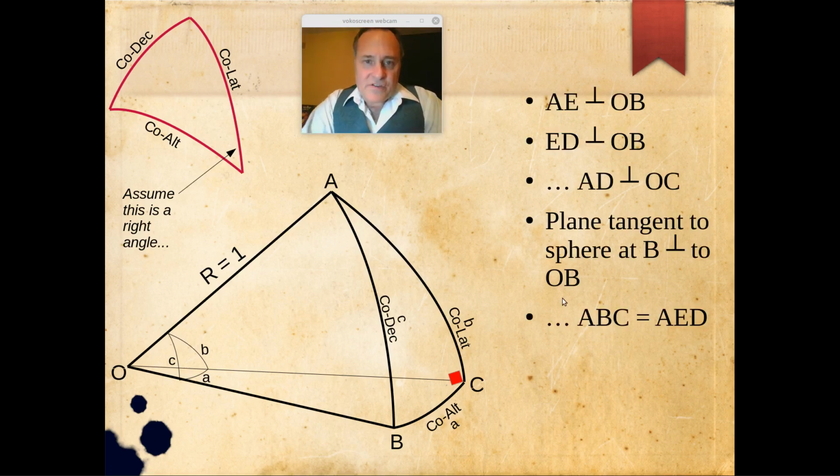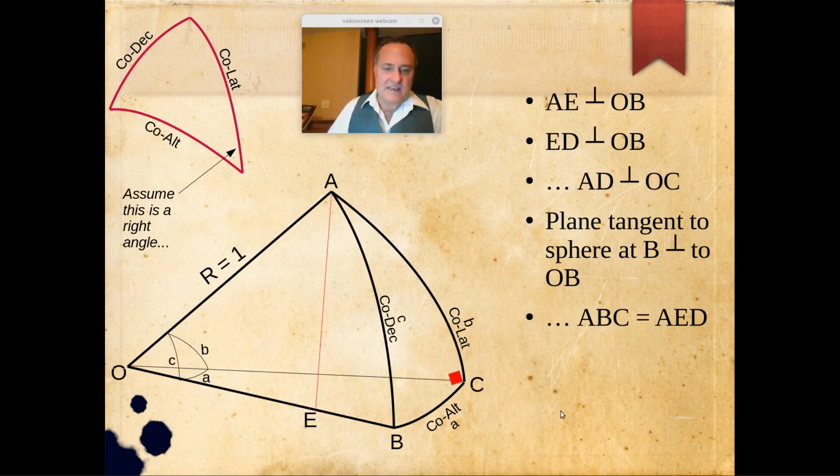this celestial triangle. We're going to create AE perpendicular to OB. So that's a line like this, and it's perpendicular, so we understand that OEA is a right angle and AEB is a right angle.